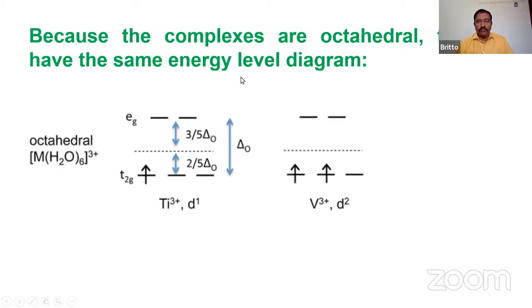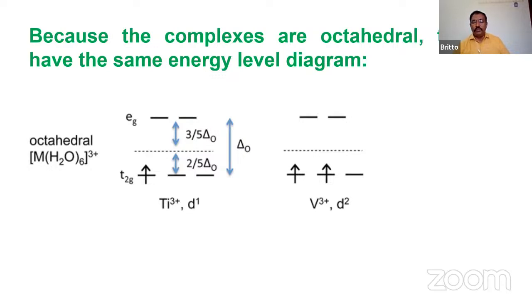Vanadium 3 plus has atomic number 23, so 5 valence electrons, 4s2 3d3, and we remove 3, so you get a d2 configuration.